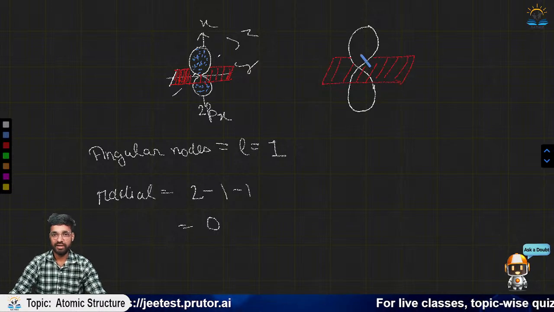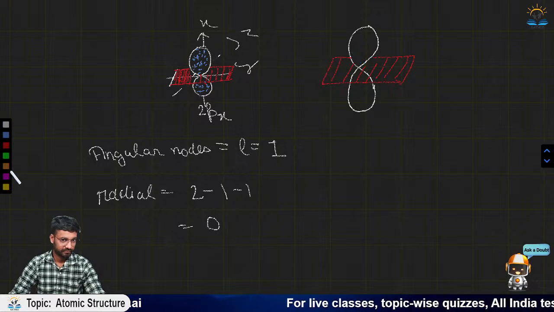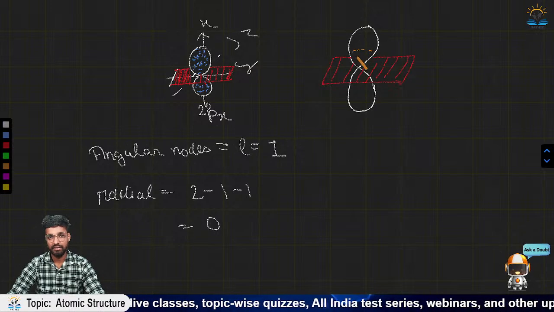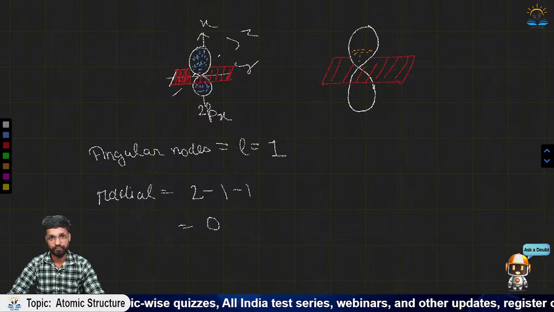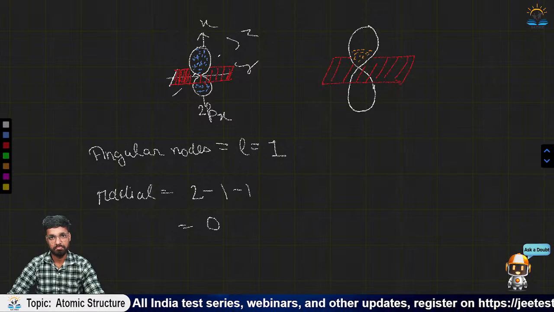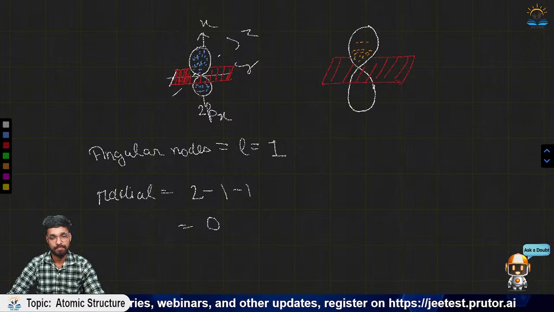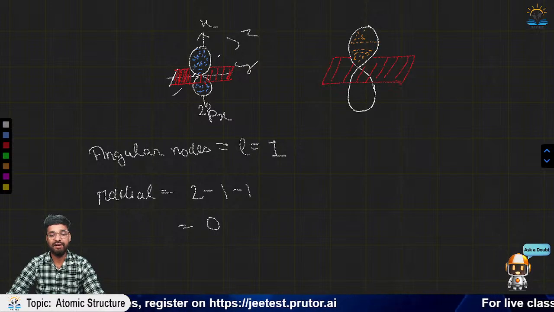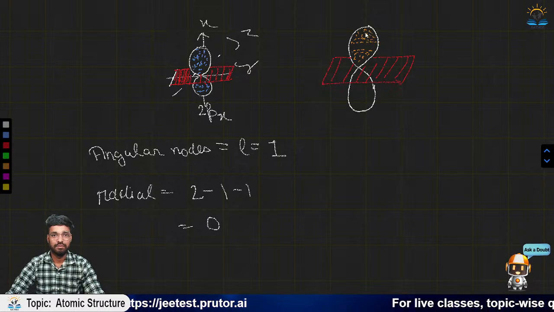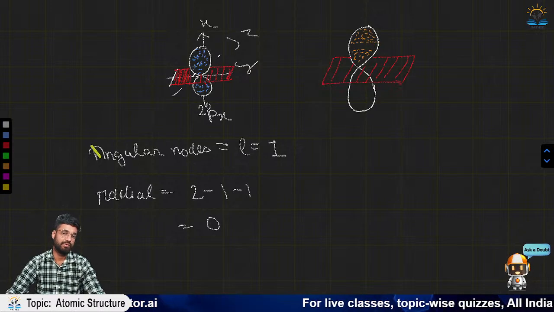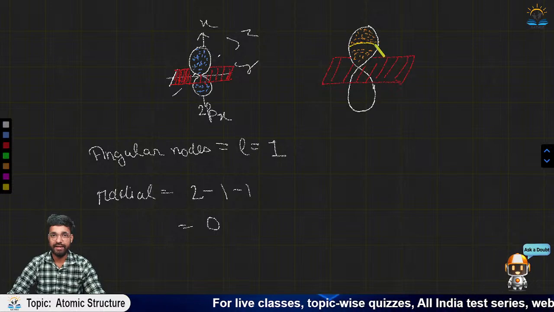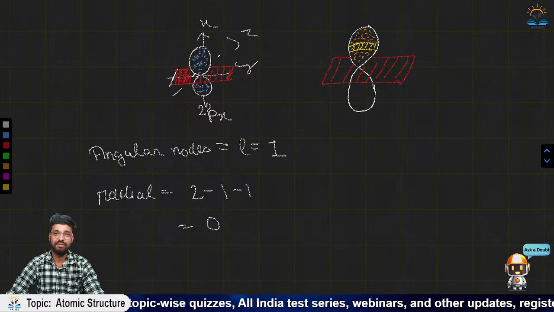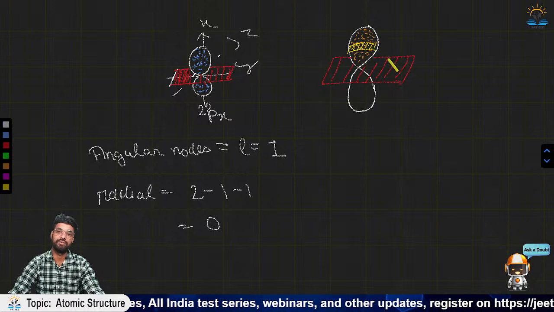Now similarly if we draw the contour diagram for this 3p, it will be kind of like this. So if you see it here, there is again a region inside it which has no probability that an electron will be found.